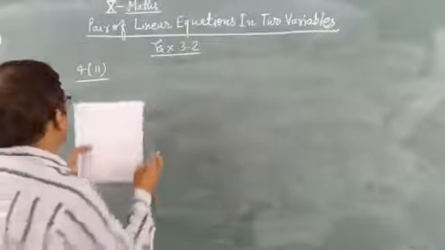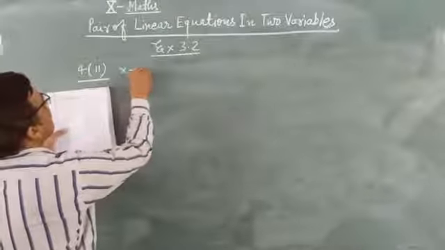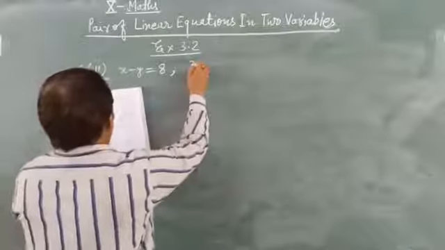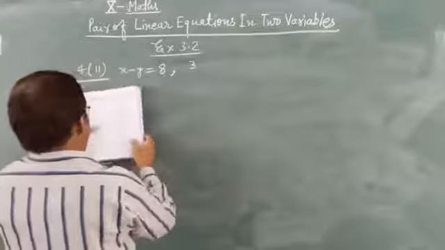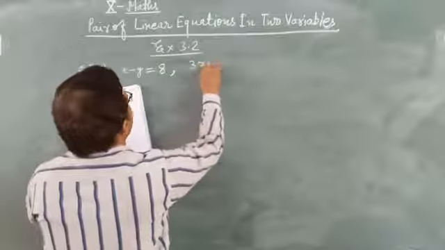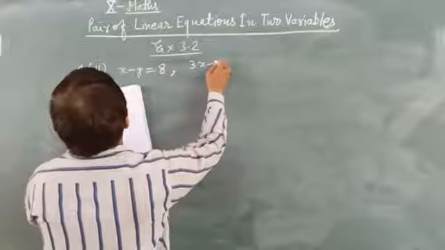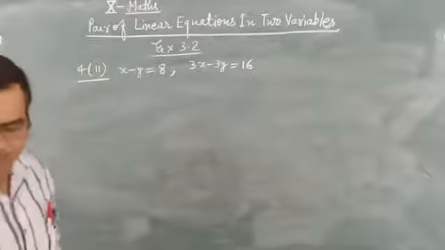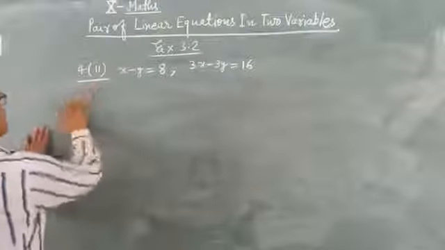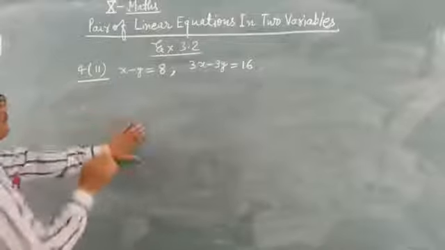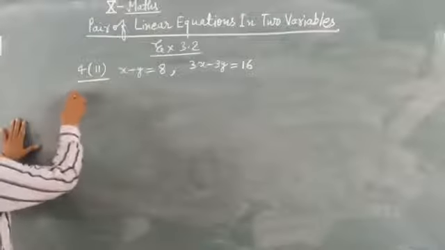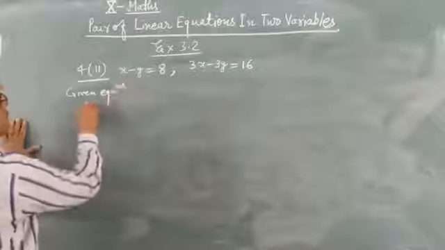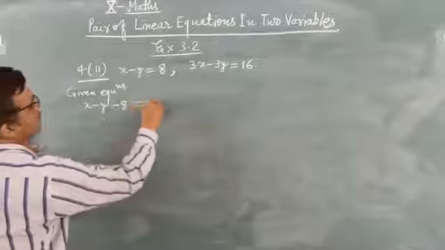Okay, we have the question: x minus y equal to 8 and 3x minus 3y is equal to 16. So the given equations can be written as x minus y minus 8 equal to 0.